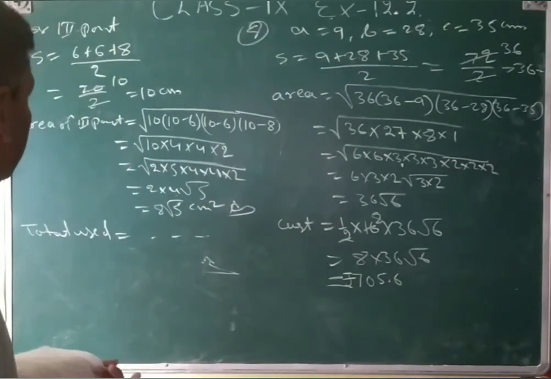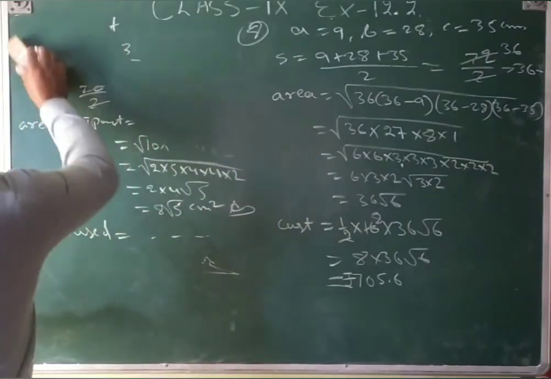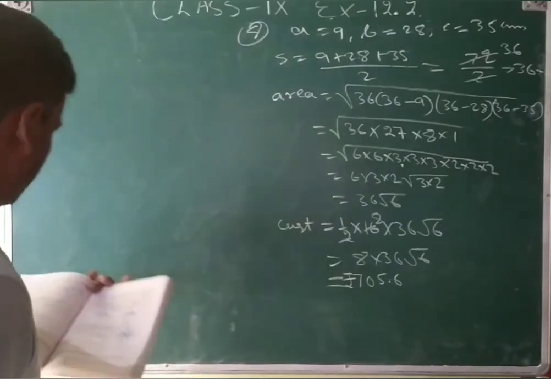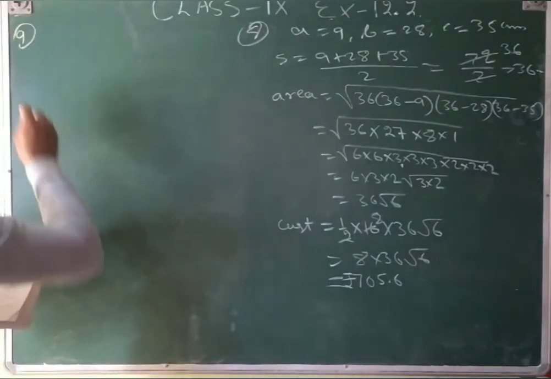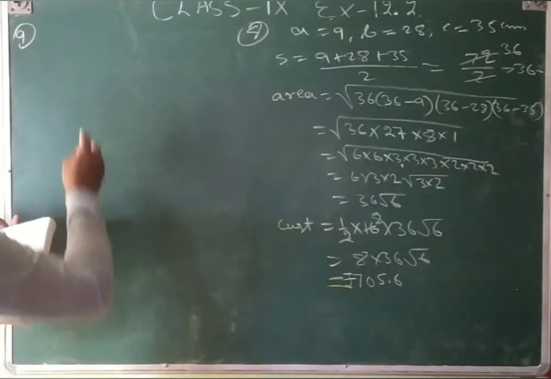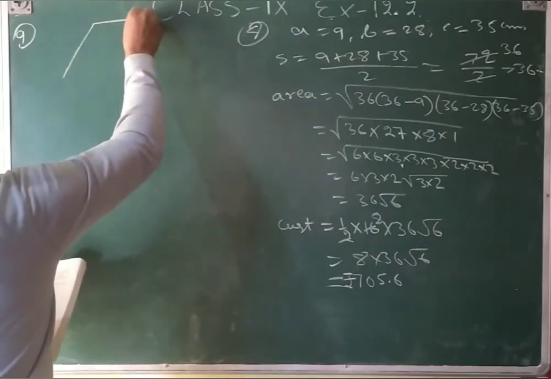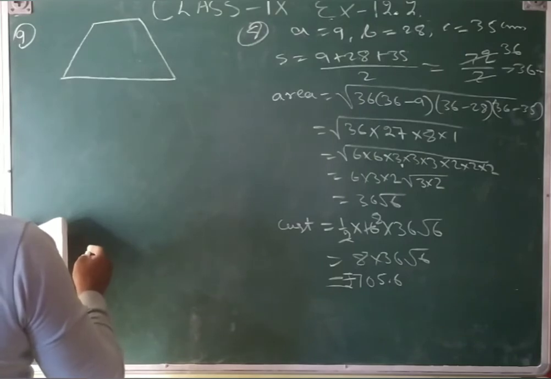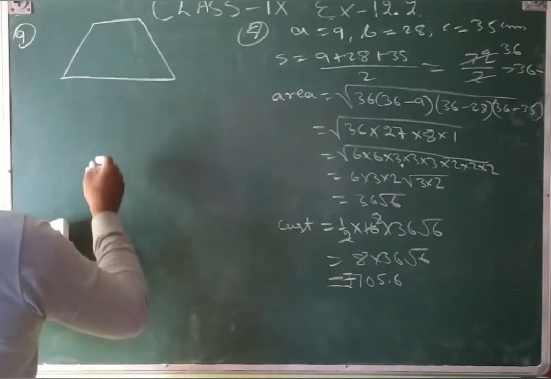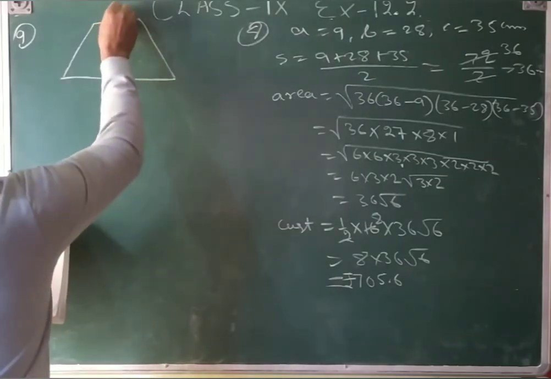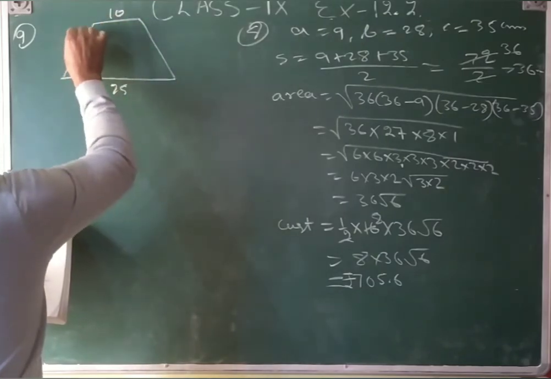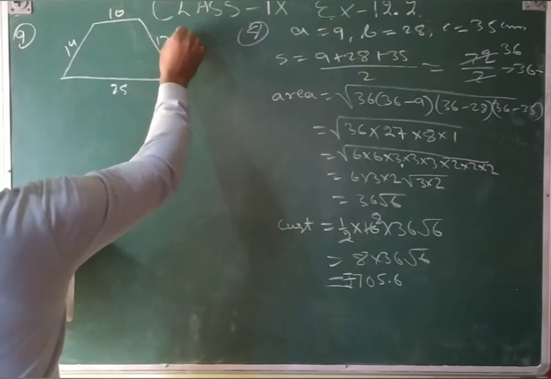And the last question is the ninth question, a field in the shape of a trapezium. First of all we will draw a trapezium, and the parallel sides are 25 and 10, and the non-parallel sides are 14 and 13 meter.